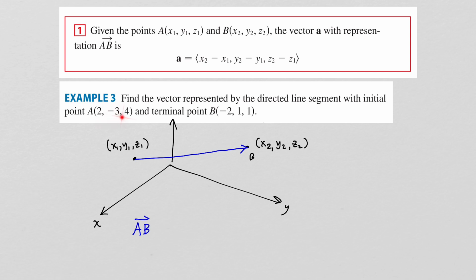So in the example that you see here, the vector AB in component form is going to be -2 minus 2, 1 minus -3, and finally 1 minus 4. And if we simplify this, we get -4, 4, -3.